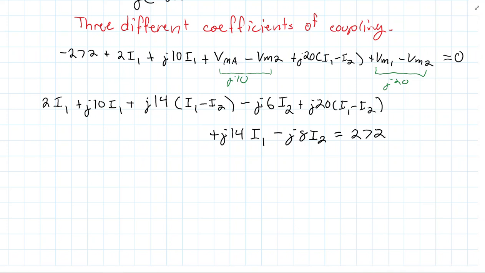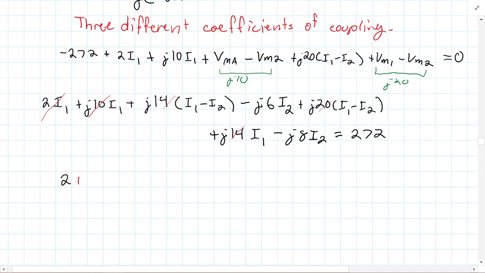Alright, so let's go ahead and combine some like terms now. Let's look at my I1s. First off, I have just this 2 for the real part, so I'd have 2. Okay, so let's cross that off. 10 plus 14 is 24, plus another 20 is 44, and I'm going to pull my calculator out, plus another 14 is 58.